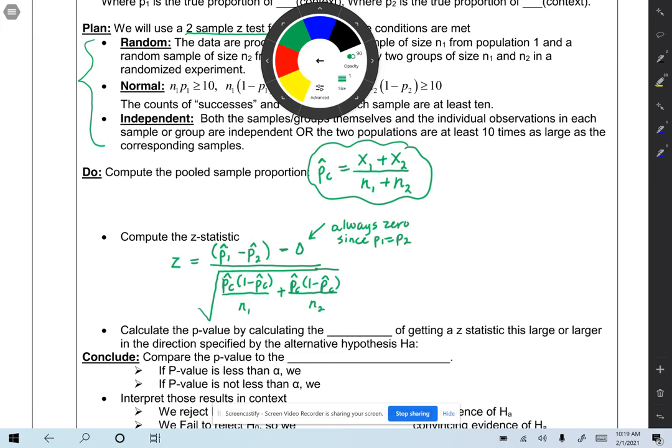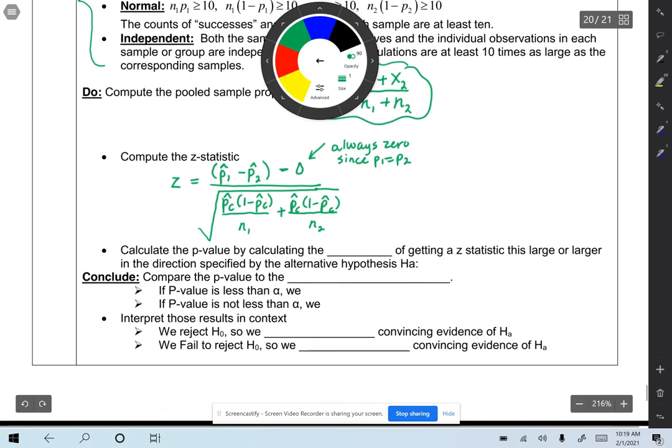Then you calculate the p-value by calculating the probability of getting a Z statistic this large or larger in the direction specified by the alternative hypothesis. Compare the p-value to the significance level, which is alpha. If p-value is less than alpha, we will reject the null hypothesis.